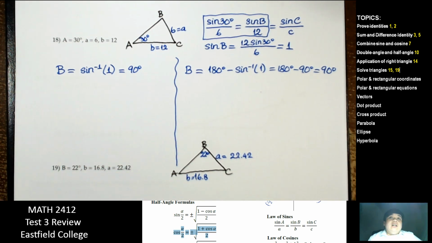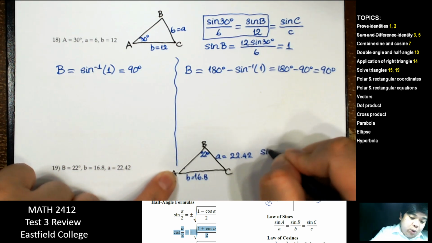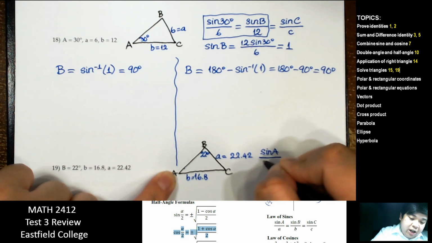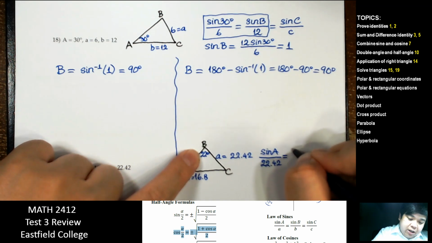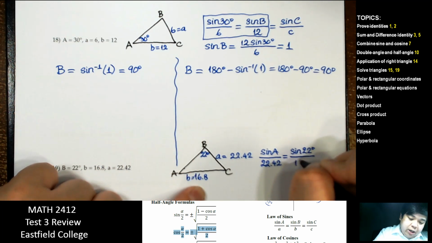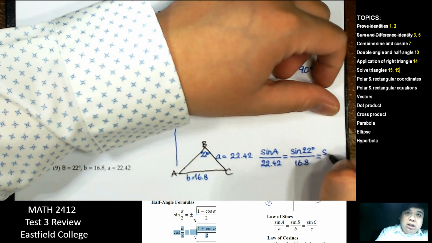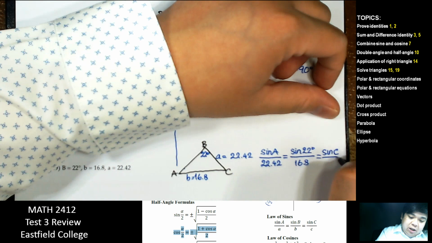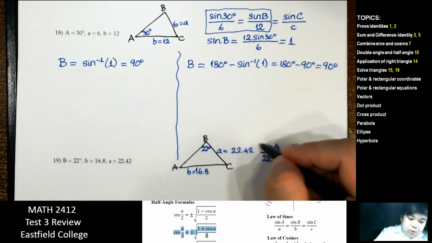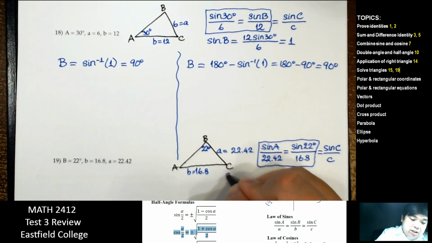And put everything in the law of sines. We start with the sine A that we don't know over the side a we do know, equal to sine of 22 degrees over 16.8, and we do not know anything about angle C.